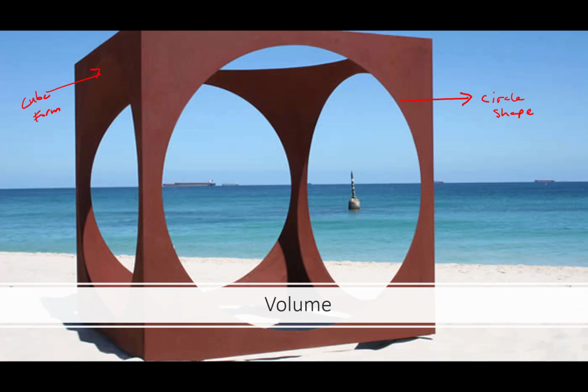And then this part in the middle is the open volume. It's easy to see with the volume in the sense that if you filled up this cube with water, that's how much volume this cube had. If this was solid and you didn't have the circles there, just pouring water directly in would give you that volume. Nonetheless, it still has that same exact volume, whether there is the circle or not, because it's how much space this object occupies.